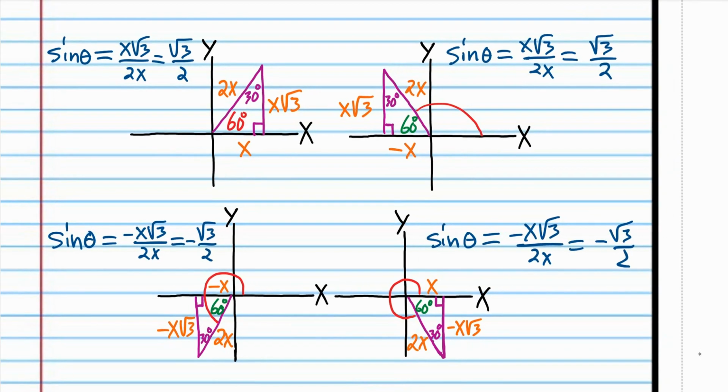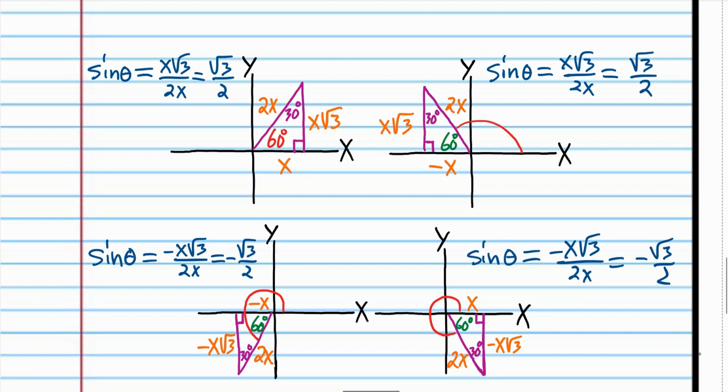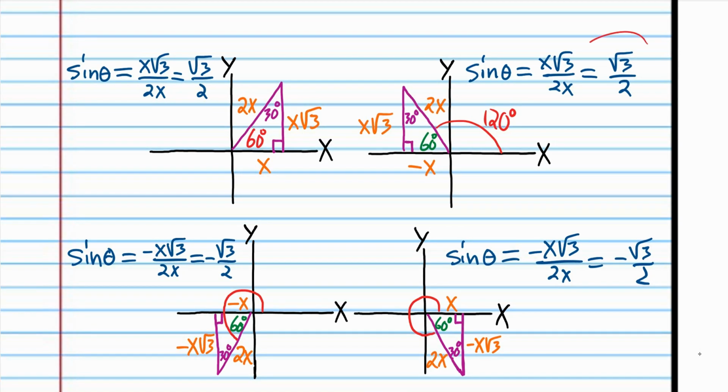If you have a triangle with a reference angle of 60 degrees in the first quadrant, then sine theta is equal to positive root 3 over 2. If the triangle is in the second quadrant, and that angle would be 120 degrees, you would have to have a 120 degree angle to produce a reference angle of 60 degrees in the second quadrant, then sine again is equal to root 3 over 2.